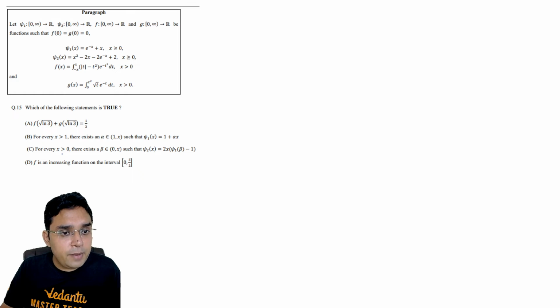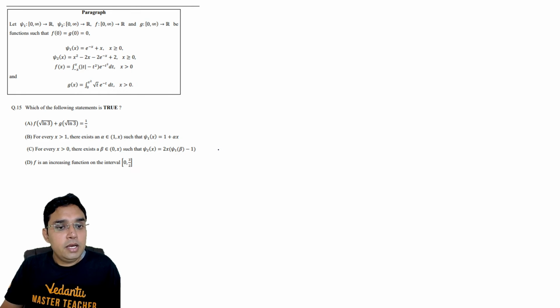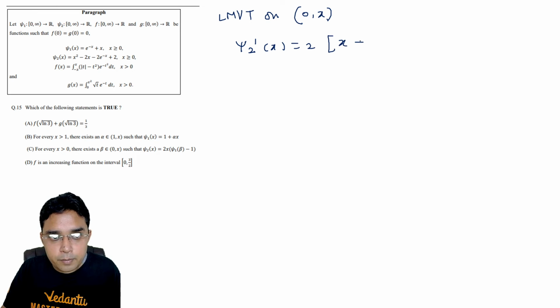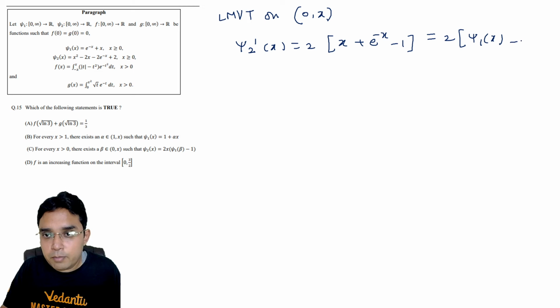Okay, now coming to part C. C says for every x greater than 0, there exists beta belonging to (0, x) such that psi2 of x is equal to 2x into (psi1 of beta minus 1). Now to do this, I will apply LMVT on [0, x] for the function psi2 of x. You can see psi2 dash x is equal to 2 times (x plus e power minus x minus 1), which is 2 times (psi1 of x minus 1).